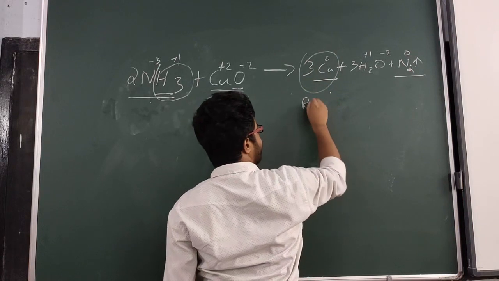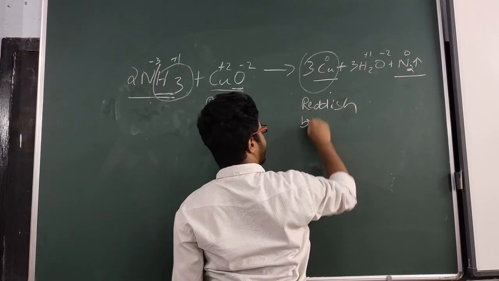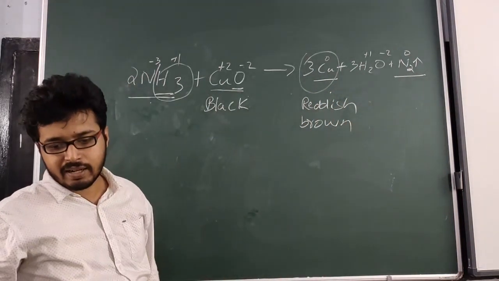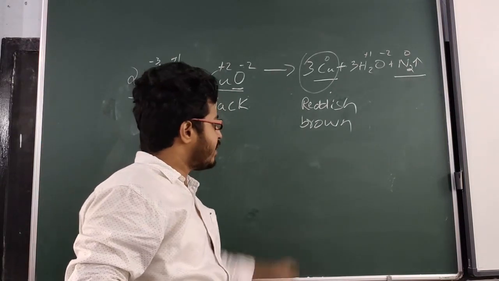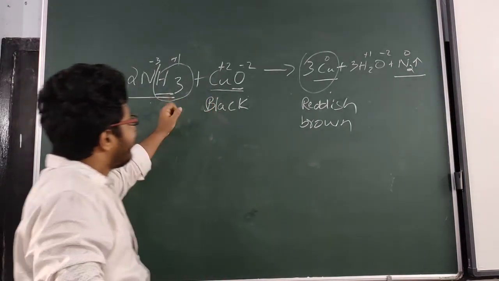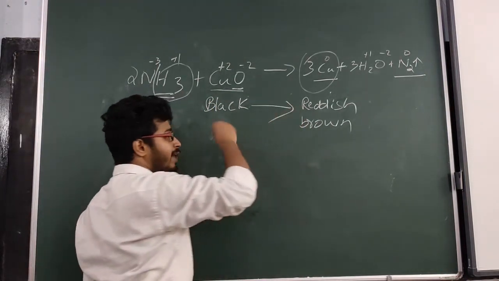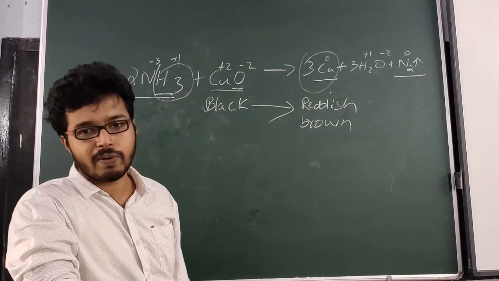So copper, it will be having reddish brown color. Now it can be called as metallic reddish brown. Okay, reddish brown is enough. So there will be change from black to reddish brown. The observation is black color of copper oxide, it will be turning into reddish brown.